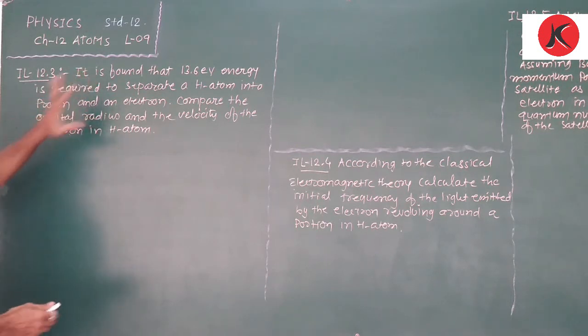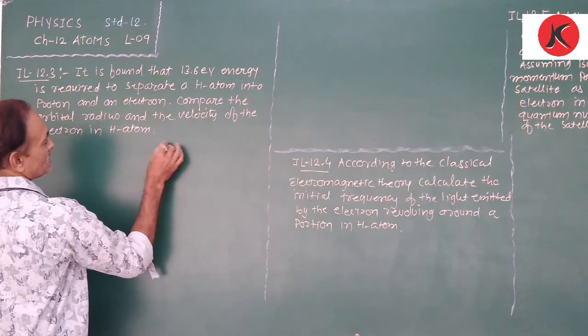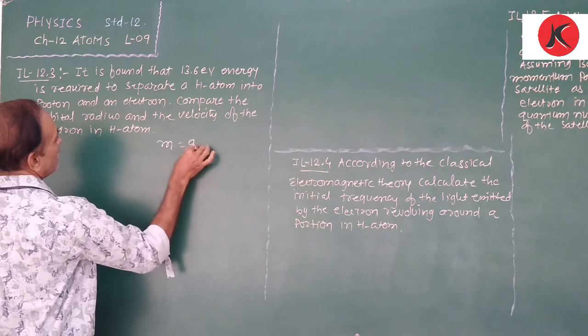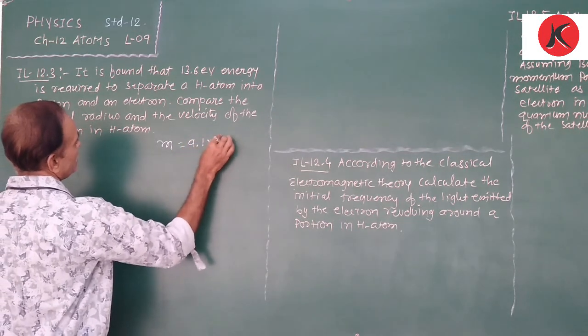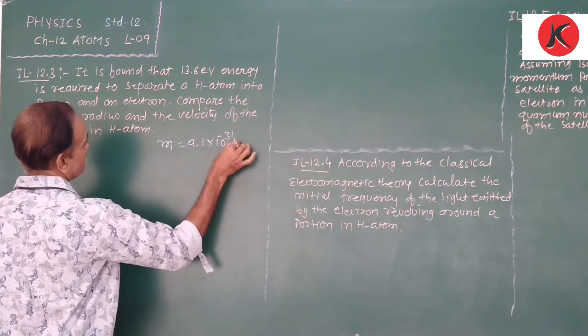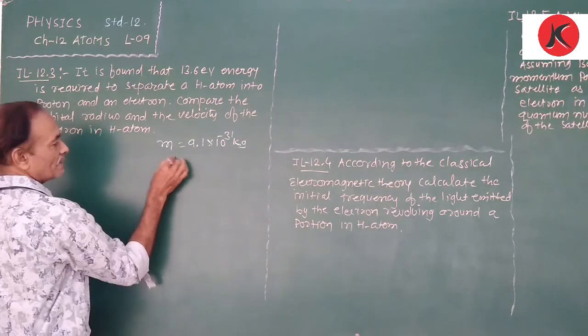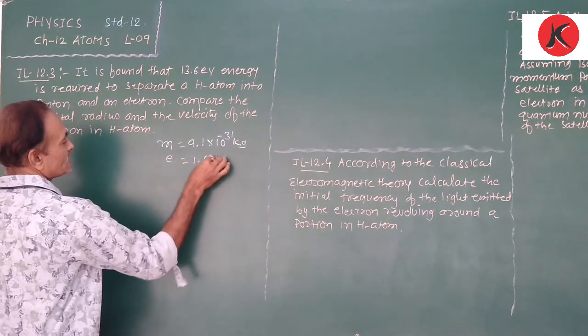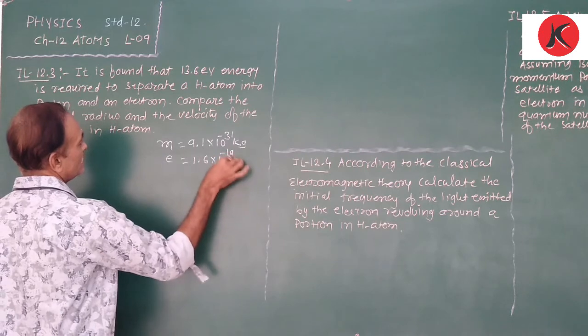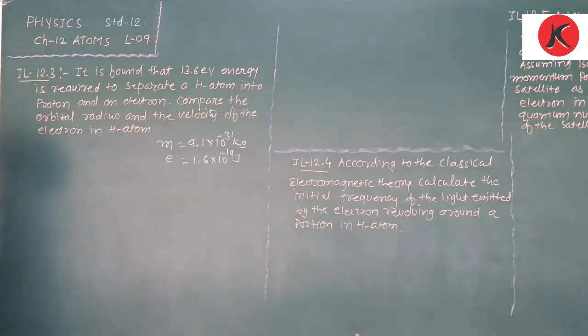First we note down the data required. The mass of the electron is 9.1 into 10 raised to minus 31 kg. The charge of an electron is 1.6 into 10 raised to minus 19 coulomb.